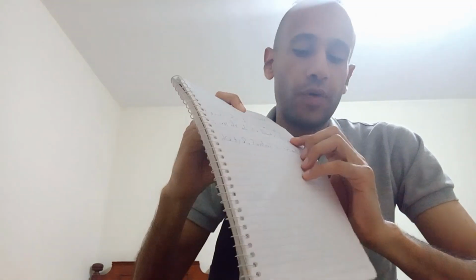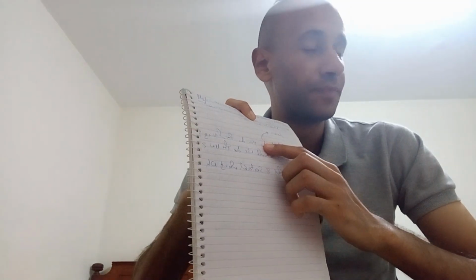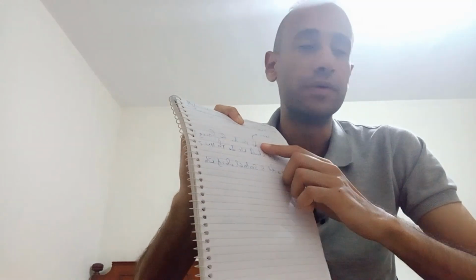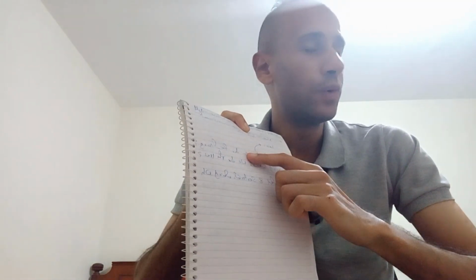Simply, we start with the question word: what, where, why. And then the auxiliary verb: am, is, are, do, does, did. That's called an auxiliary verb. For example, what do you do for a living?